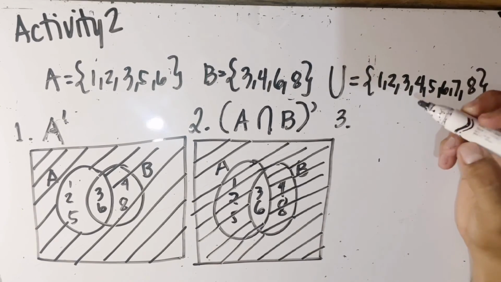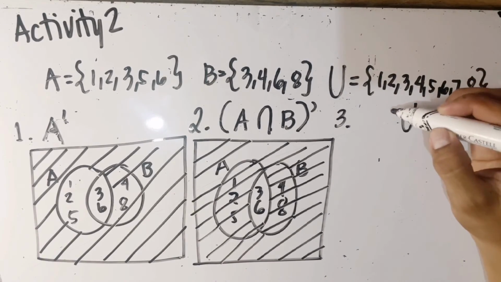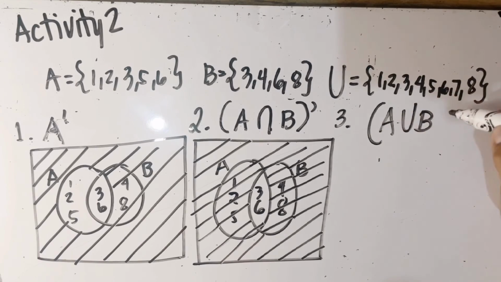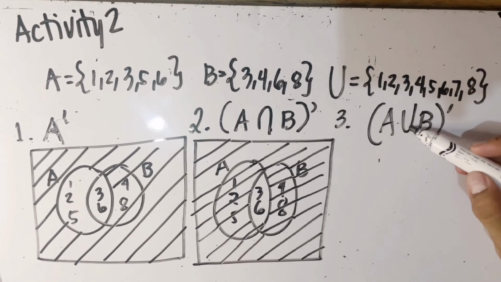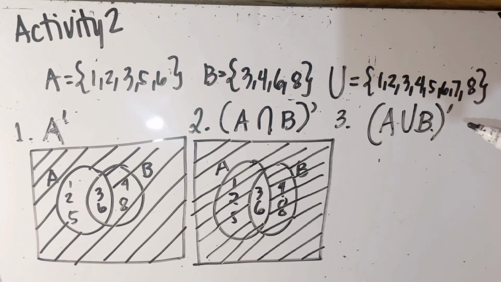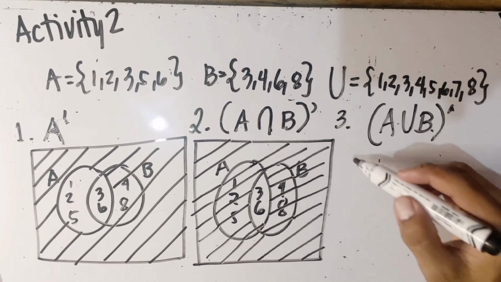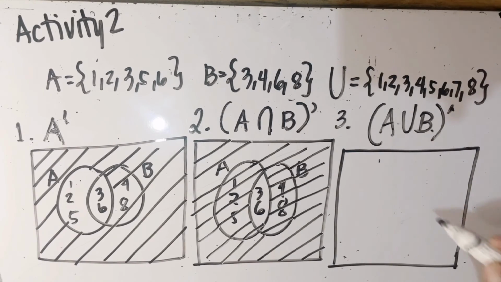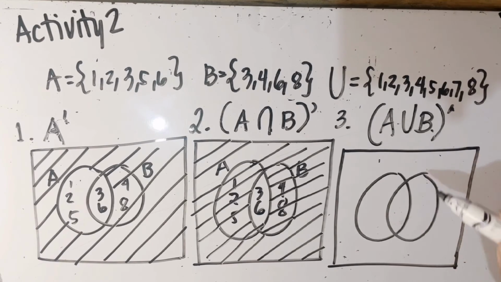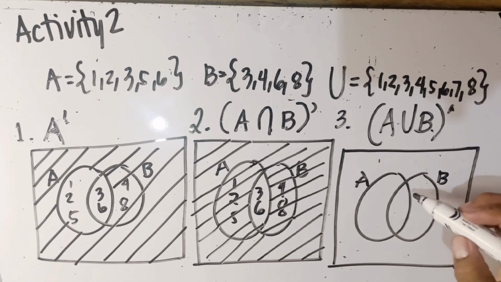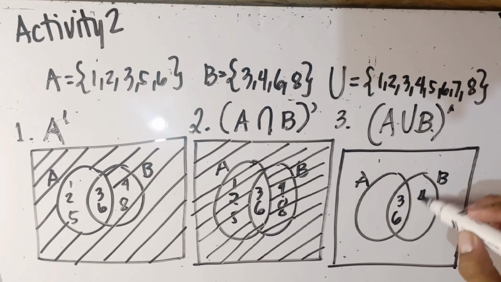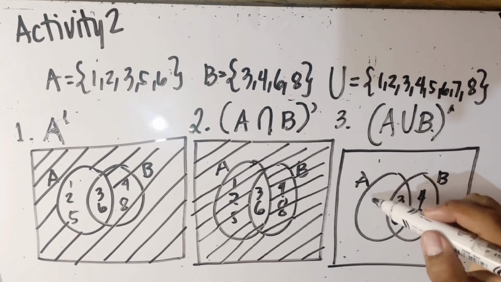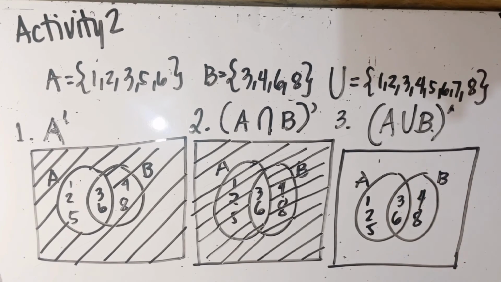Next, number 3. We have the union of A and B. I mean the complement of the union of A and B. So before we do the complement, let us solve first the union of A and B, or show the union of A and B. Circle A, circle B, and the same given, so 3, 6, 4, 8, 1, 2, and 5.